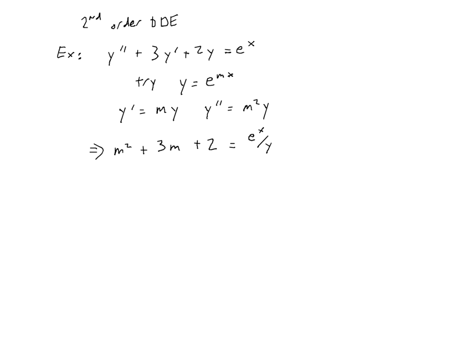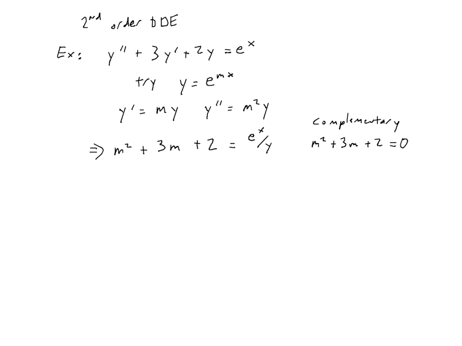Now, what we do is when you're dealing with a second order or higher ODE, you've got two parts. One part is called the complementary solution, and the other one is called the particular solution. And the complementary solution is basically the same thing, but you put a 0 on the right-hand side. So you've got m squared plus 3m plus 2 equals 0 is the complementary solution.